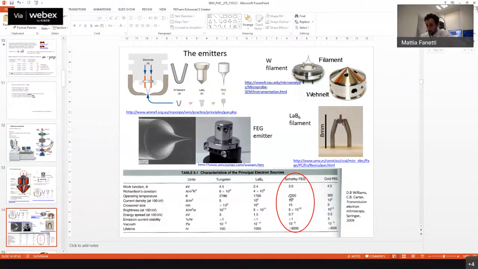For the other two, vacuum, of course, is also required, especially in the case of field emission, in order to preserve the filament, but not only for this. Also, to avoid scattering of the electrons in the beam with the molecules of the atmosphere, right?